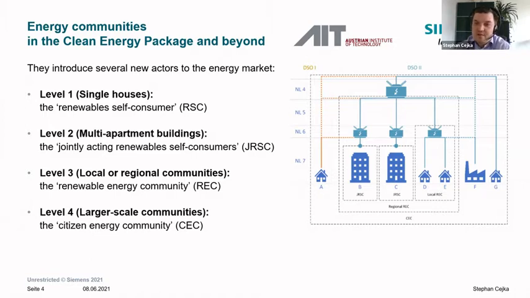Thus, they will be different across the countries. And the Austrian draft defines 2 different kinds of renewable energy communities. First, the local renewable energy community, which spans a smaller operational area than the regional renewable energy communities that you can also see in this figure.